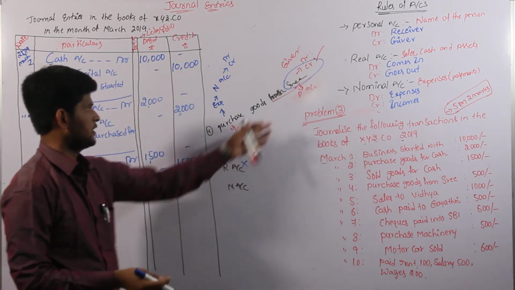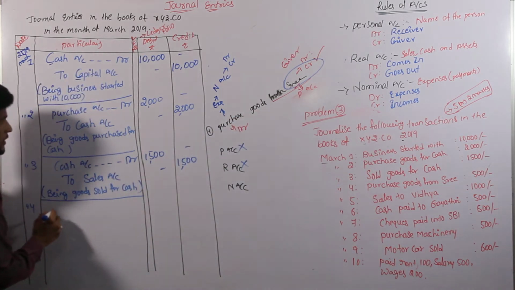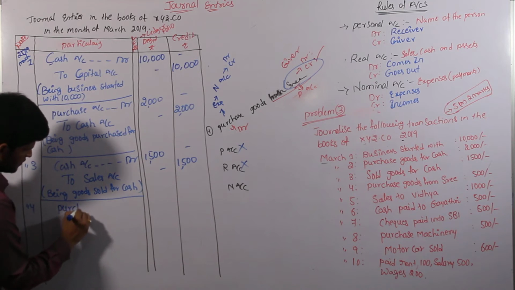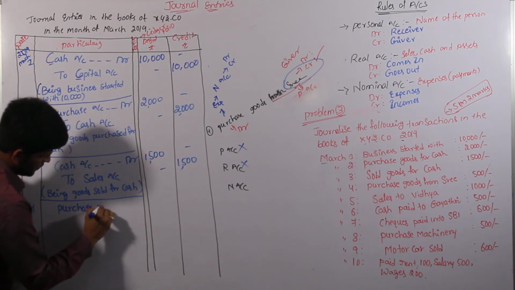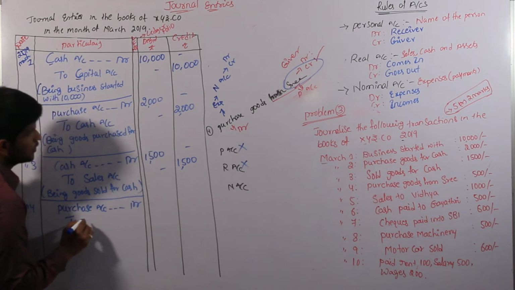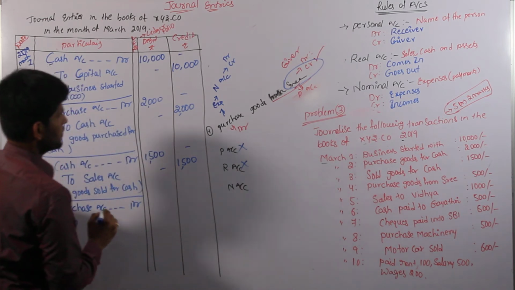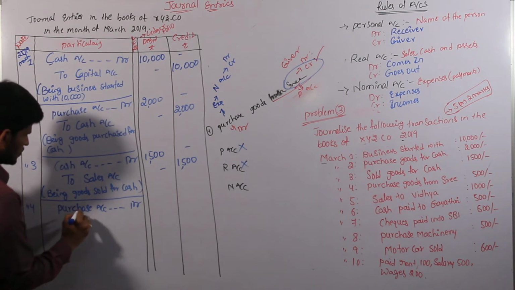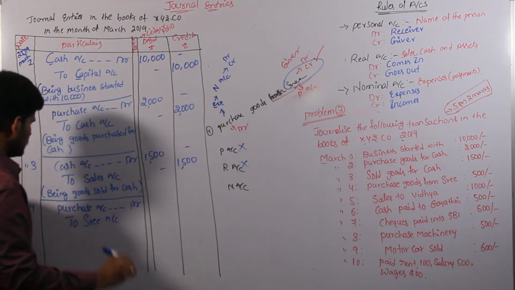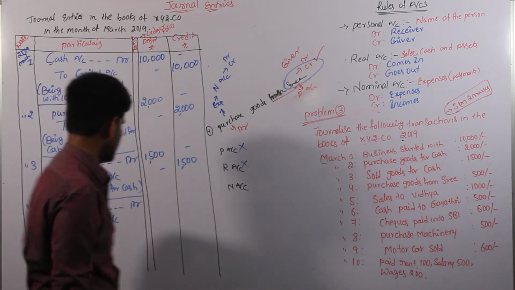So we can convert the transaction into entry, that is purchase account debit to, from whom we are purchasing? Street account. Fourth transaction worth is 500.